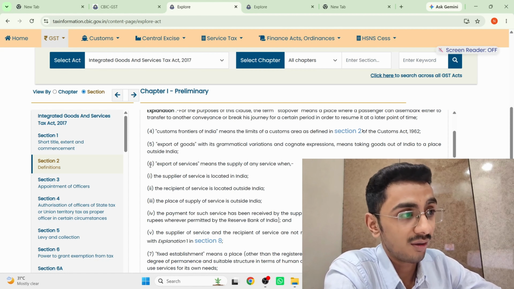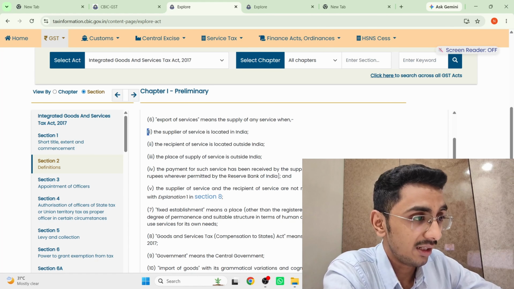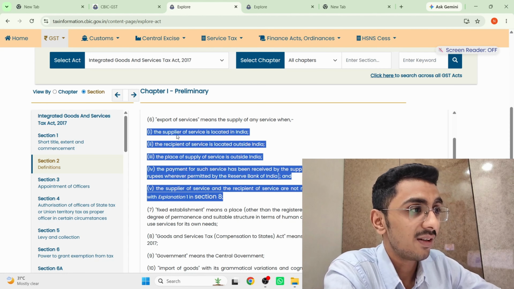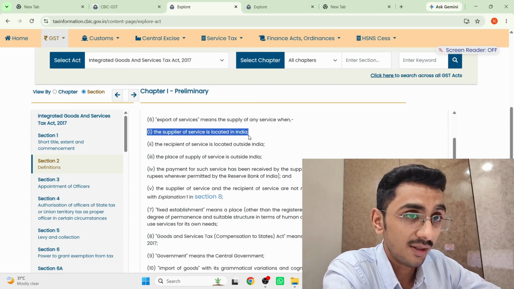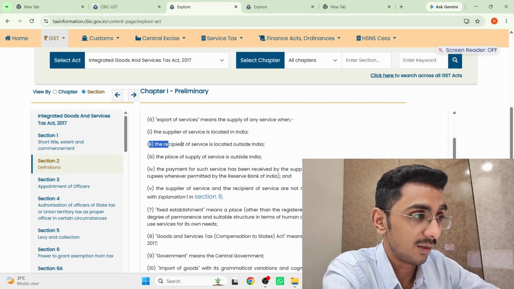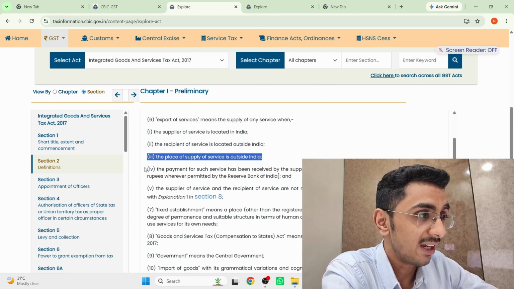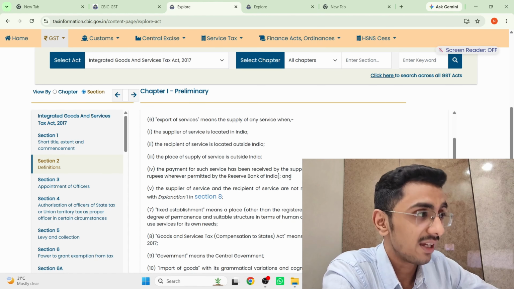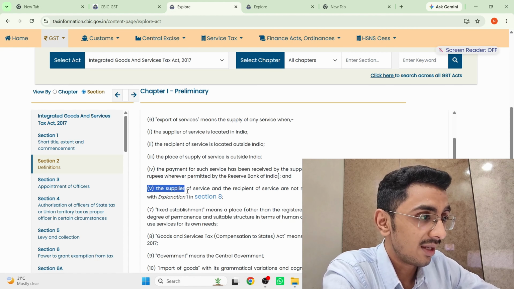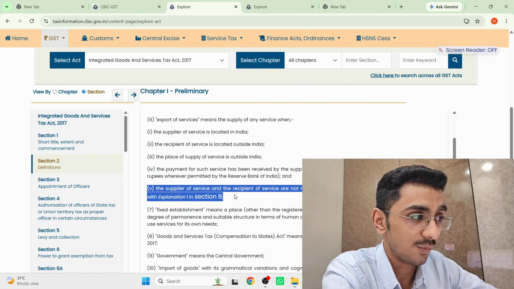And in case of export of services, it means any services satisfying these 5 sub-conditions. First condition being supplier of service is located in India, recipient located outside India, place of supply outside India, and the payment received is in convertible foreign exchange, and export service is not between mere own establishment.